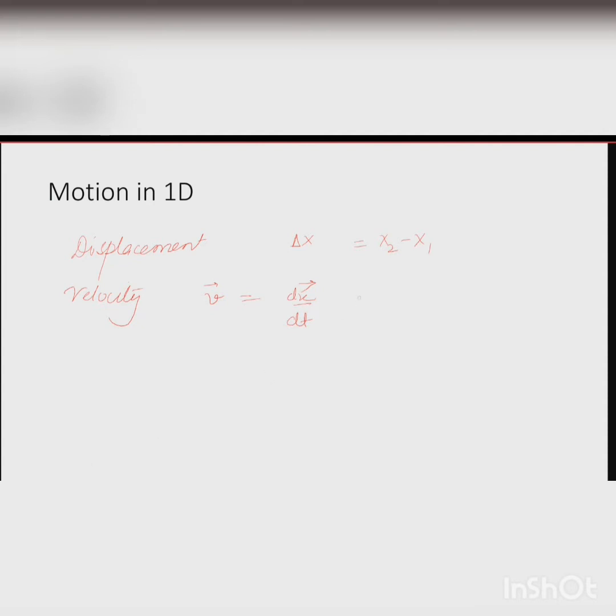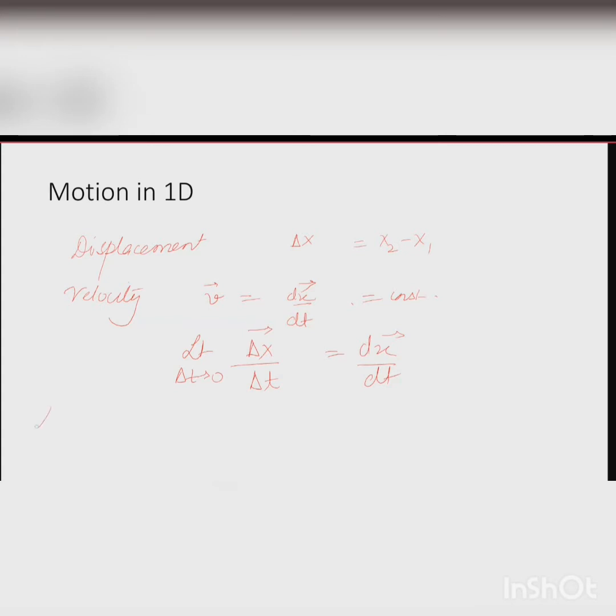This is my instantaneous velocity, which I have written. So if I had to write average velocity, I would write it as delta x by delta t. In the limit delta t tending to 0, this reduces to dx by dt.